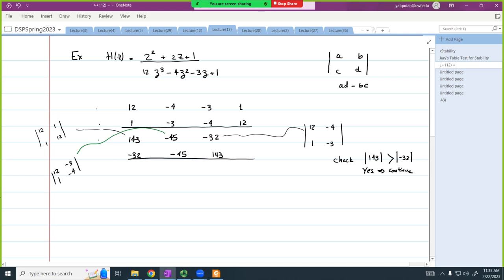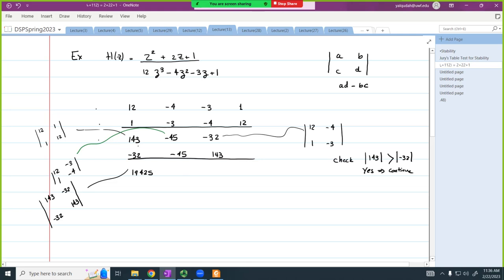We do something similar to how we calculated these entries. 143 times 143 minus negative 32 times negative 32. So 143, negative 32, negative 32, and 143. That gives me 19,425.